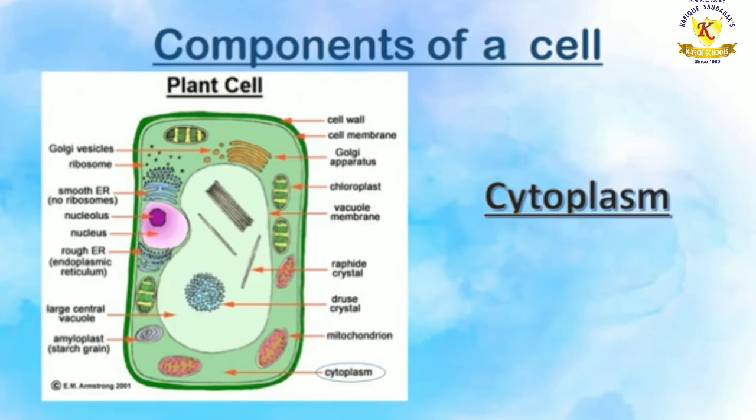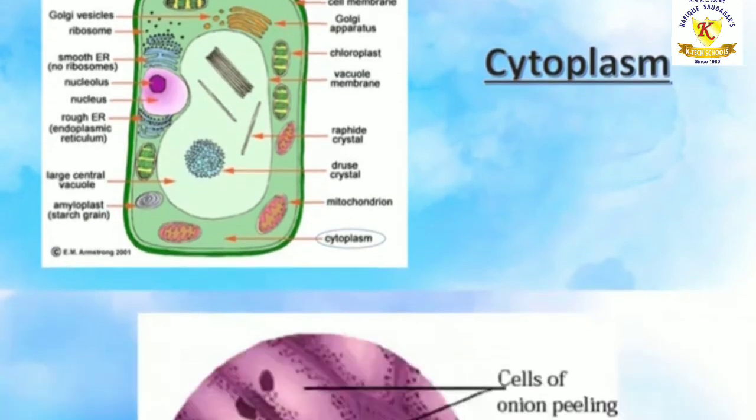Now this cytosol stores vital substances like amino acids, glucose, vitamins, etc. In animal cells, cytoplasm is more granular and dense, while in plant cells it is thin and mostly pushed to the periphery due to a larger central vacuole. So, this is the cytoplasm present in the cell.